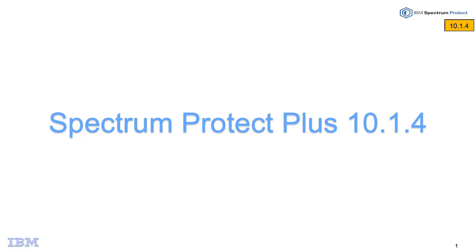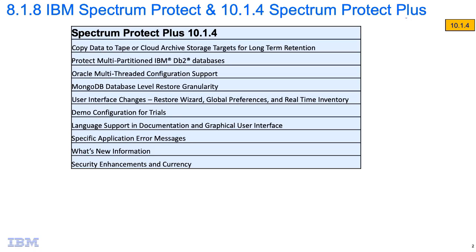Hello, my name is Sean Sperry, and I am now going to talk about the new features and some of the differences in Spectrum Protect Plus version 10.1.4. Now, as Tricia mentioned, we have quite a few new features in 10.1.4. They include additions to the way we archive data, or the ability to archive data from Spectrum Protect Plus.